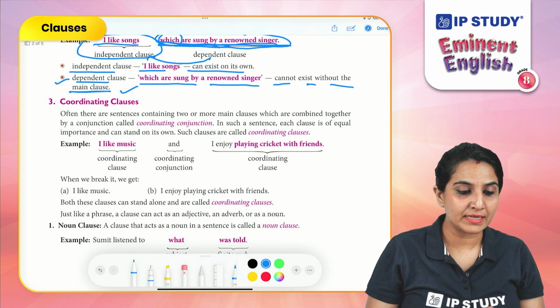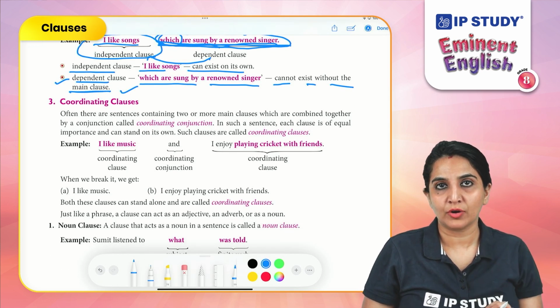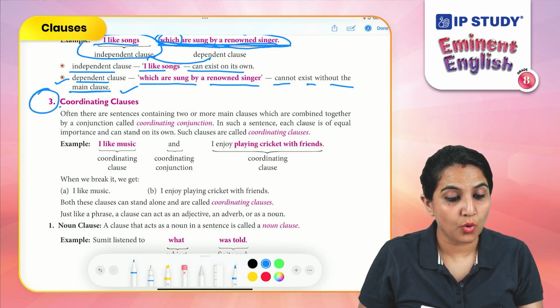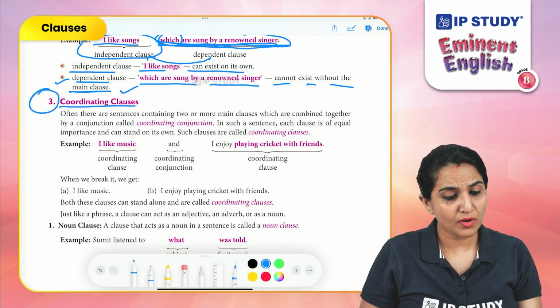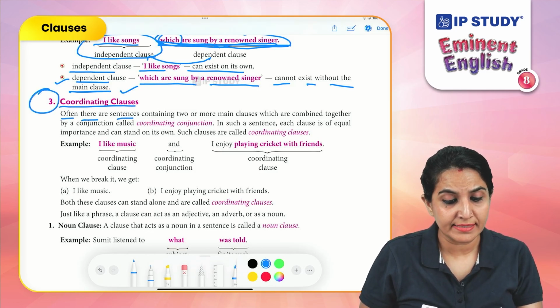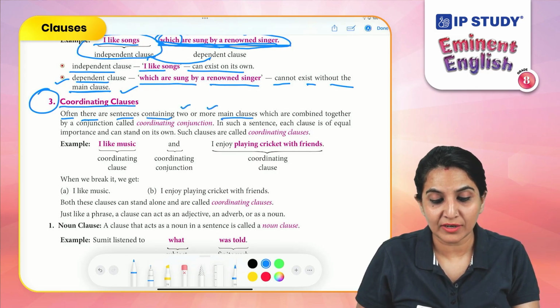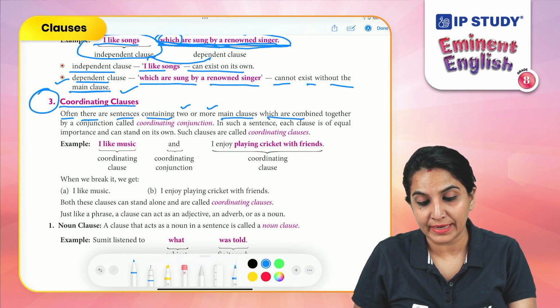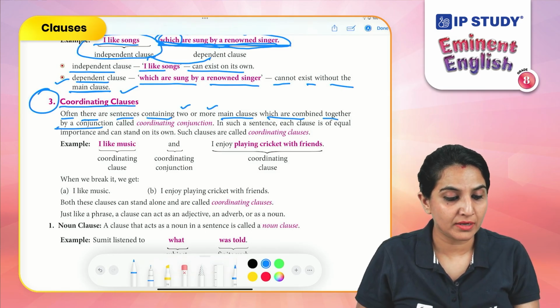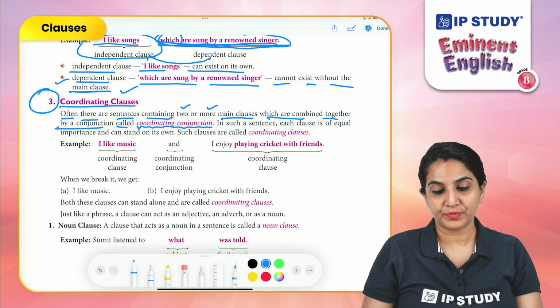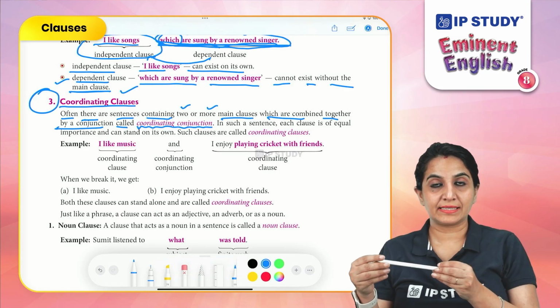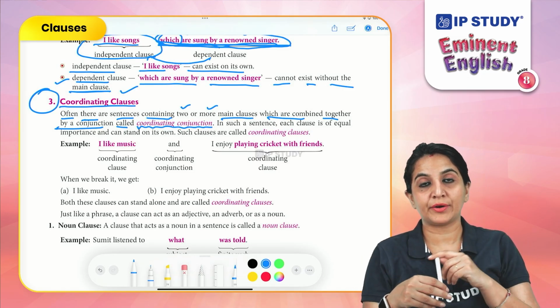Now let us discuss the third type of clause, which is coordinating clauses. Often, there are sentences containing two or more main clauses which are combined together by a conjunction called a coordinating conjunction. That means two sentences which are meaningful on their own.